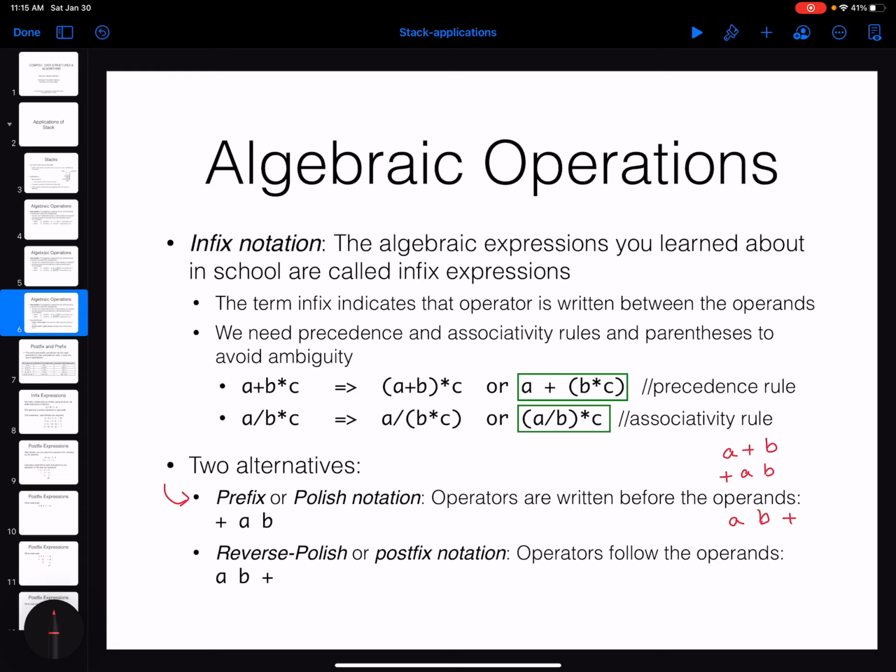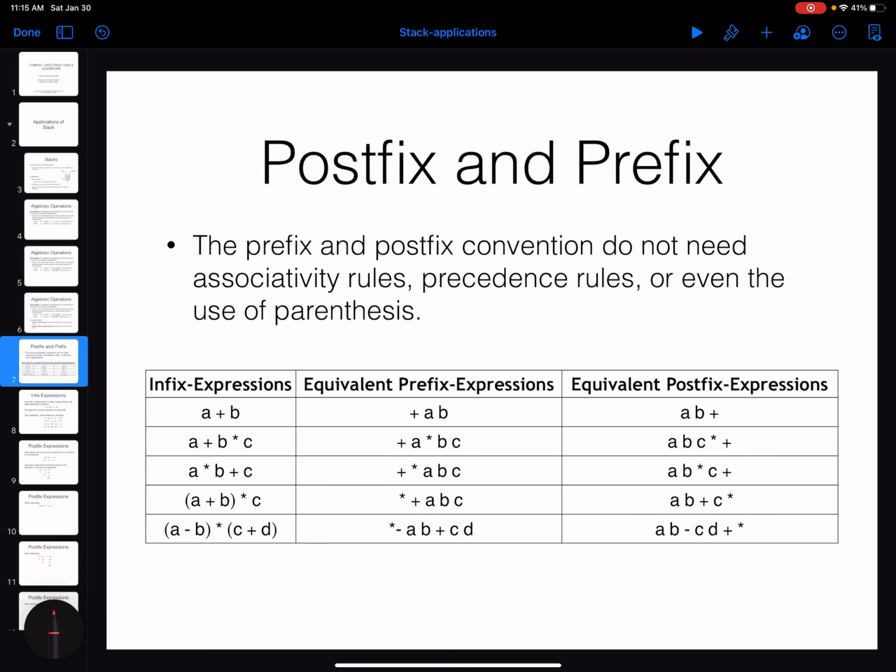Sounds simple, but when you write more complicated expressions, it becomes more complicated, for us as humans, of course. Here you can see some examples of infix expressions and their equivalent prefix and postfix expressions. You can see that for those cases that have parentheses, we don't really need parentheses in the postfix or prefix format.